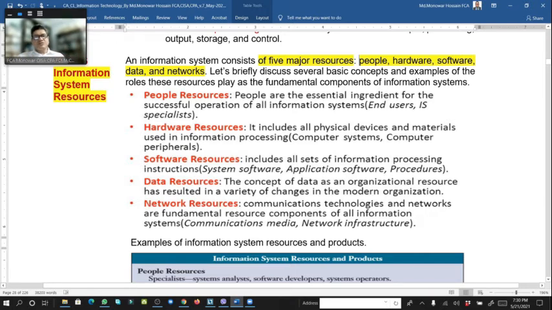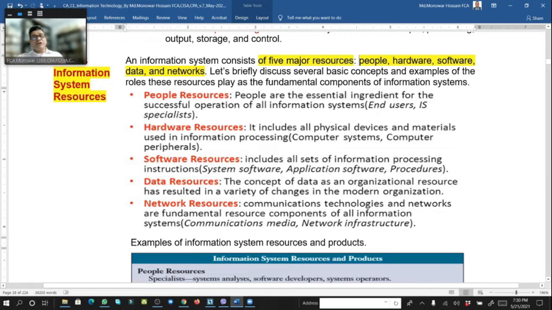And data resource: the concept of data as an organizational resource has resulted in a variety of changes in the modern organization. Nowadays data means big data analysis, all things within the data. If you think of a bank, all receipts and payments are within the data. Everything is within data, just data analysis, data resource, and managing the data.